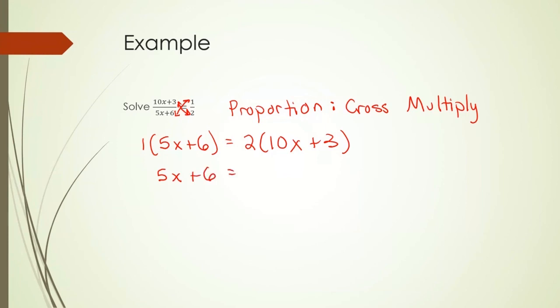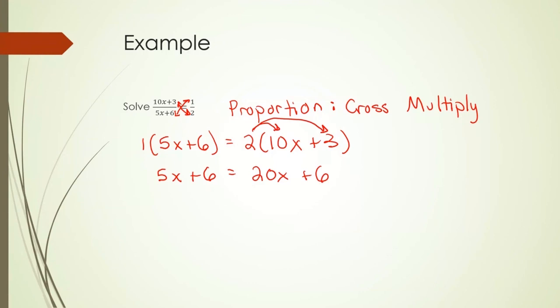On the right here, I need to distribute. First I have 2 times 10x, so that's 20x, and 2 times 3, which is 6. So now 5x plus 6 equals 20x plus 6.